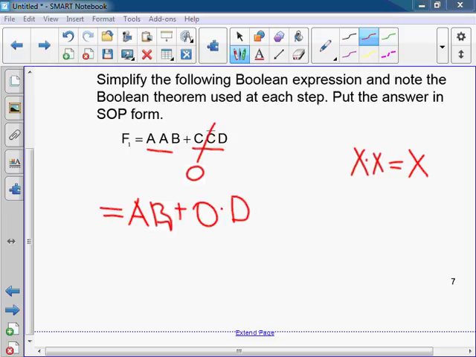And of course, another rule that we got is that 0 times x is always 0. So this comes out to AB plus 0. And as we have already discovered, AB plus 0 is just AB. That's what the rule is.